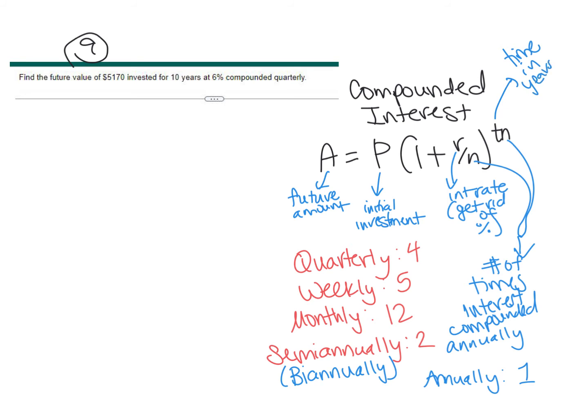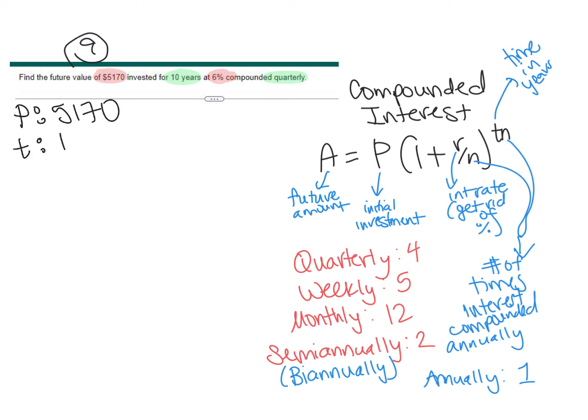All right, so it says find the future value of $5,170 invested for 10 years at 6% compounded quarterly. Okay, that's a lot of good words there that we need. So my initial amount is $5,170.